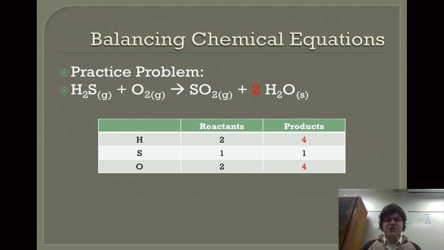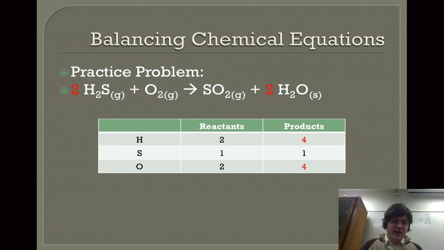Now, both the hydrogen and oxygen are imbalanced. I'm going to choose to work on the hydrogen next because the oxygen is involved with 3 different components in this system. So it's oftentimes best to save that for last.